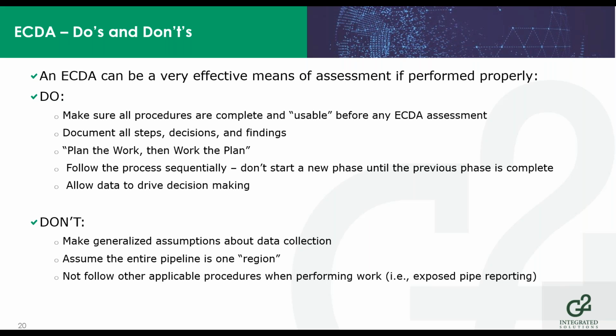You can slide into the next phase, especially between phase 2 and phase 3, if you're classifying your anomalies and then you want to prioritize as part of the end of phase 2, moving into phase 3. That's a fluid area where you may do a little bit of work in phase 3 before finishing phase 2. But again, you're getting your data, you're doing your field work, you're classifying, you're prioritizing, and then you're digging. You're not digging before you do any of that work. So you're following the process.